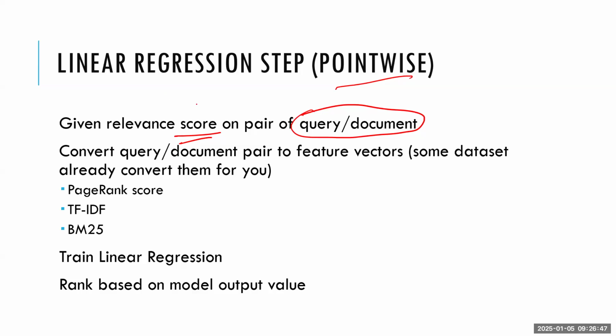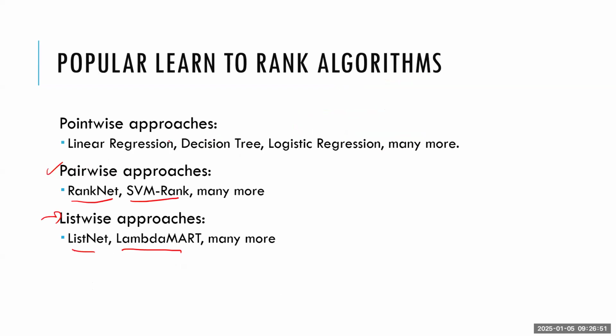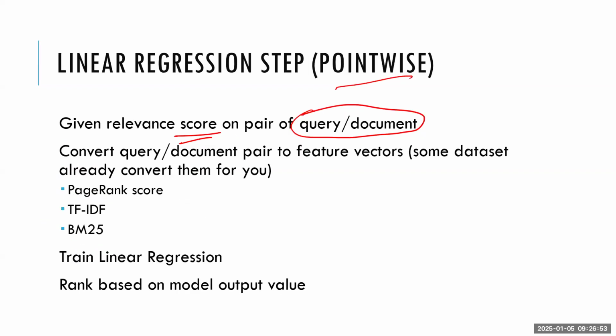And if you want to use linear regression, decision tree, and so on, you have to convert the query document into a feature vector. So how can we transform this query document into a feature vector?